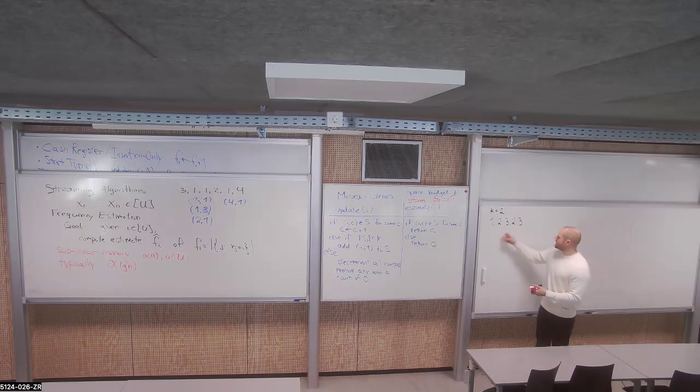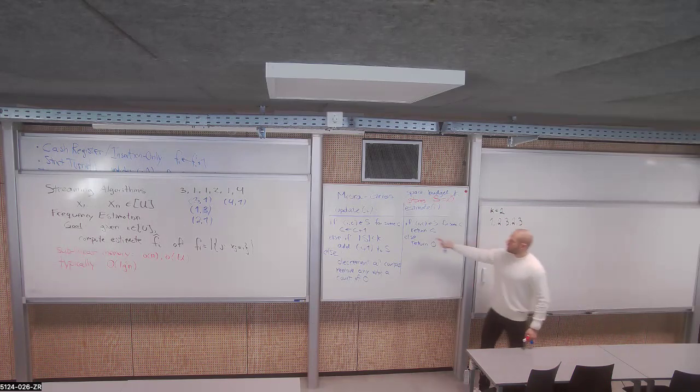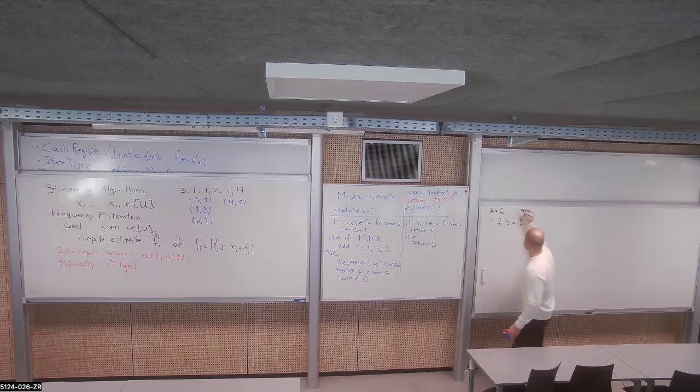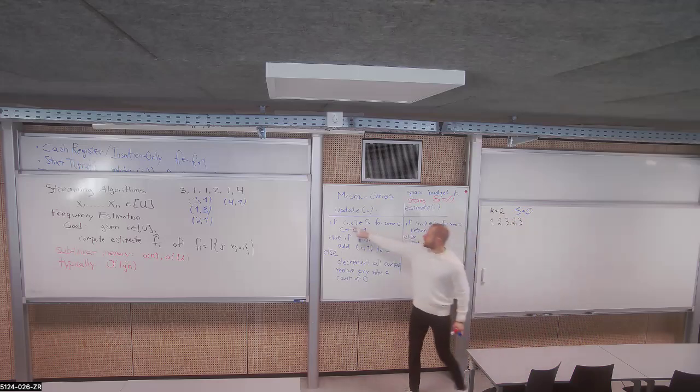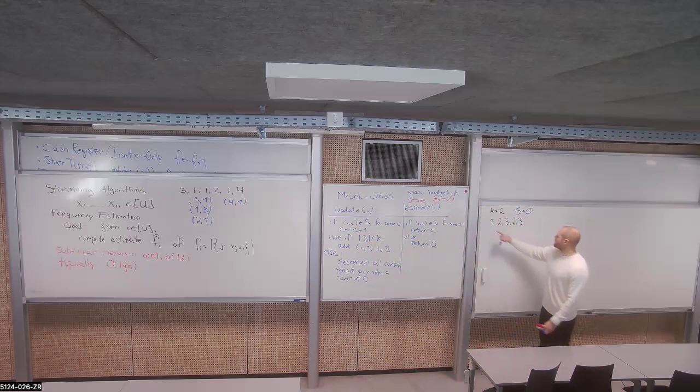If we process the stream in order, to begin with, we see a 1. And to begin with, our set S is empty. So we're definitely not storing a counter for 1, but we're not using our space budget yet. So let's put a counter for the item 1 into S. Now the set has 1, with a count of 1.